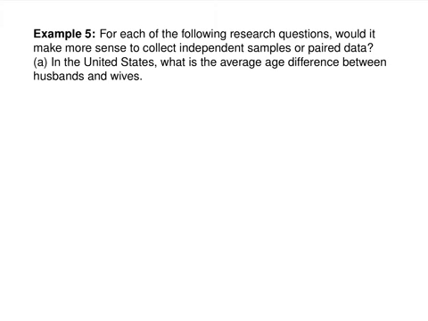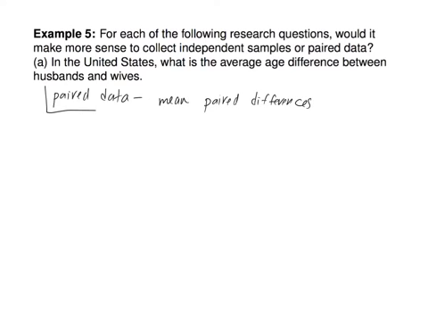That would be paired data, yep. So say paired data, or you could say mean of paired differences. The kicker word there is that it's paired. There's an obvious way to match something to something else.